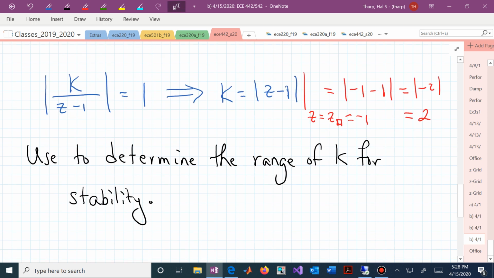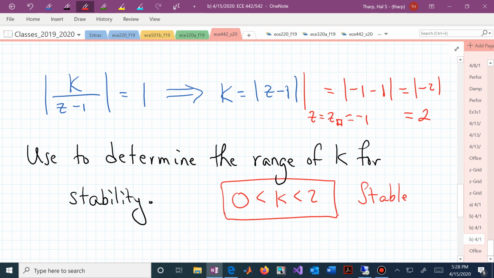We now know that for our system that we just started with to remain stable, we need k, and maybe in this case we want to move it off the unit circle. We want k to be between 0 and 2 to produce a stable closed loop system.